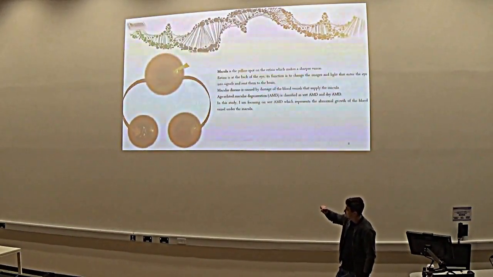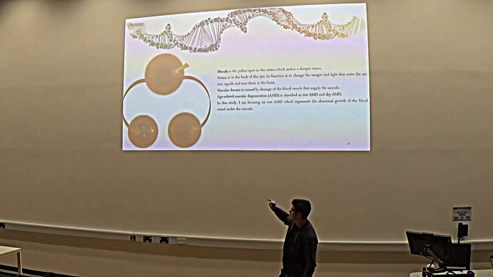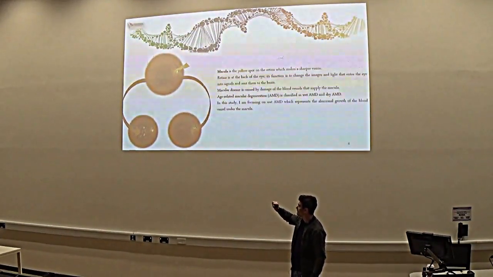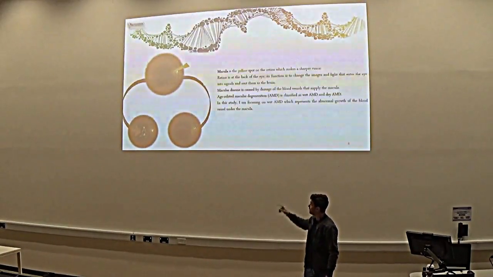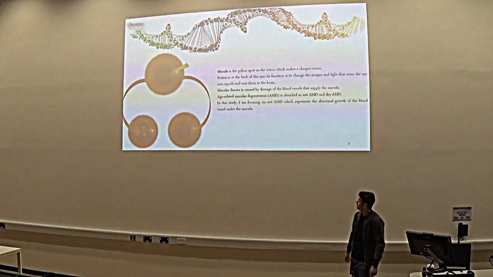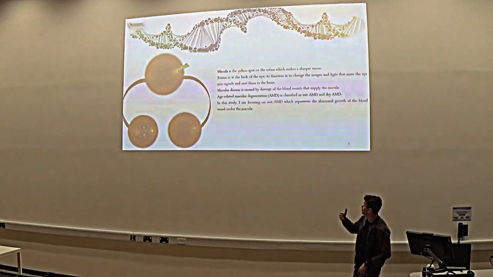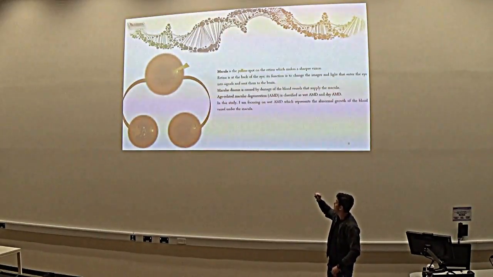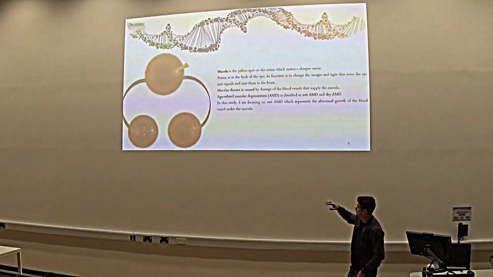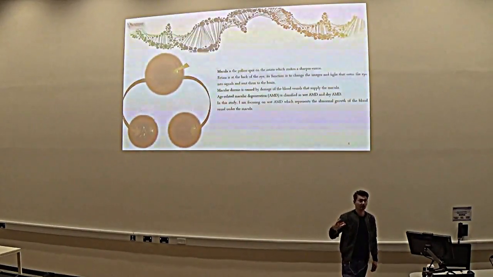In the bottom left picture you can see the dry macular degeneration, and on the right side you can see the wet macular degeneration. In this study, I'm going to focus on wet macular degeneration, which represents the abnormal growth of the blood vessels under the macula.